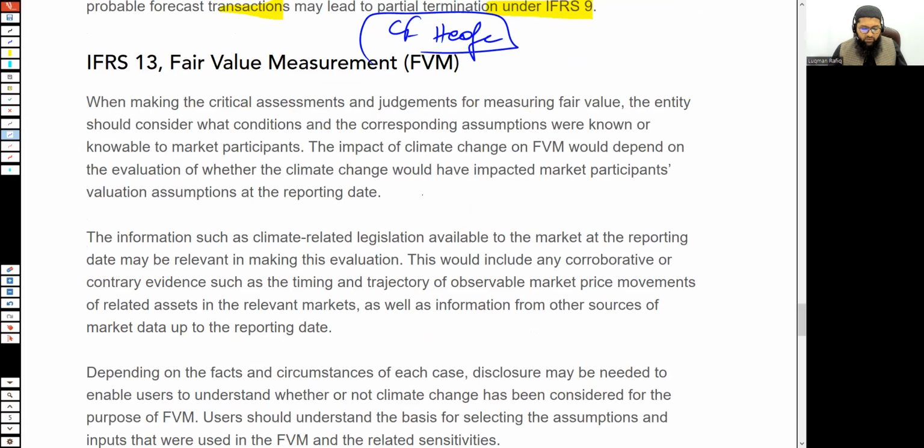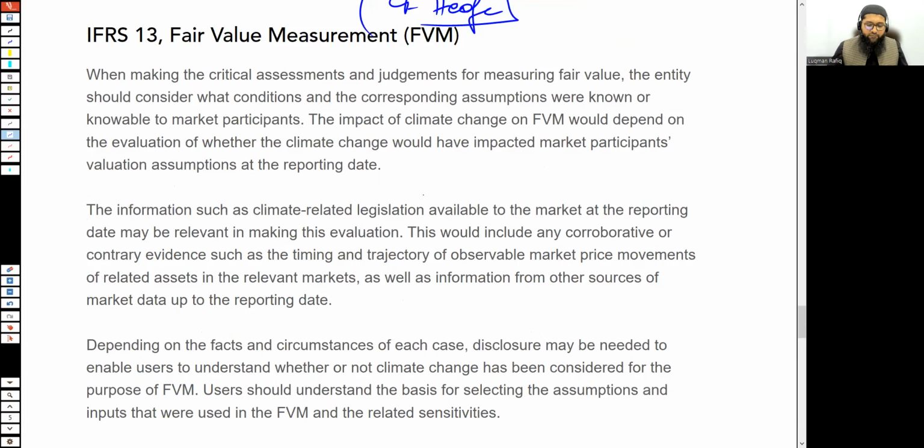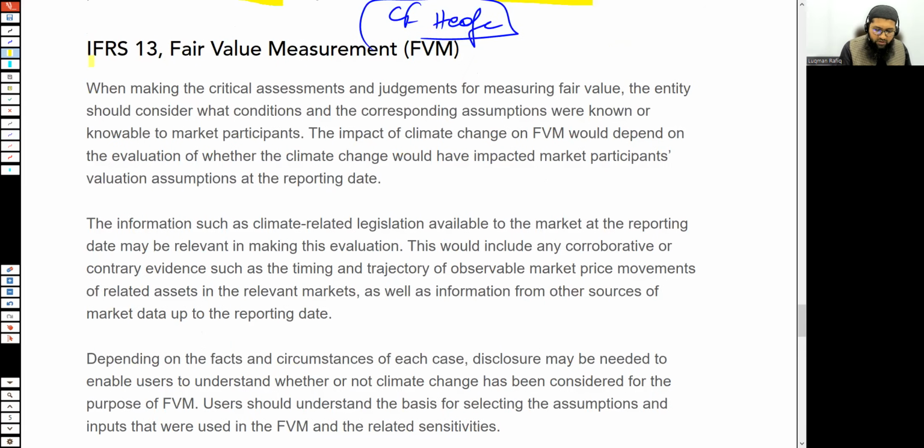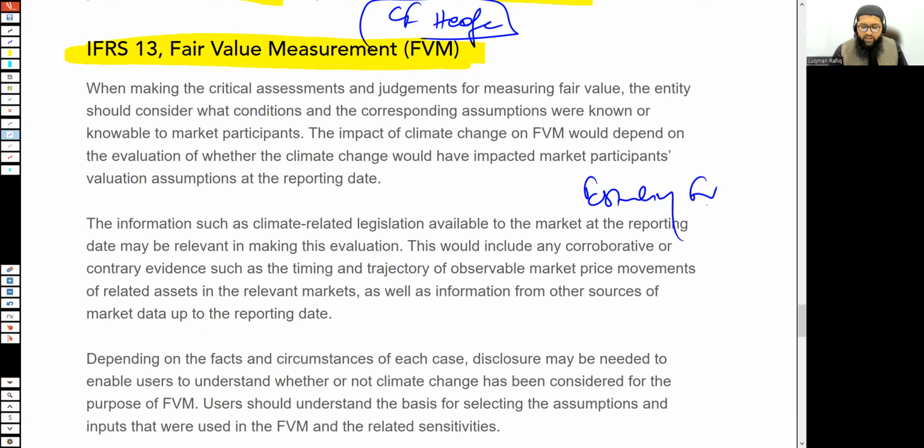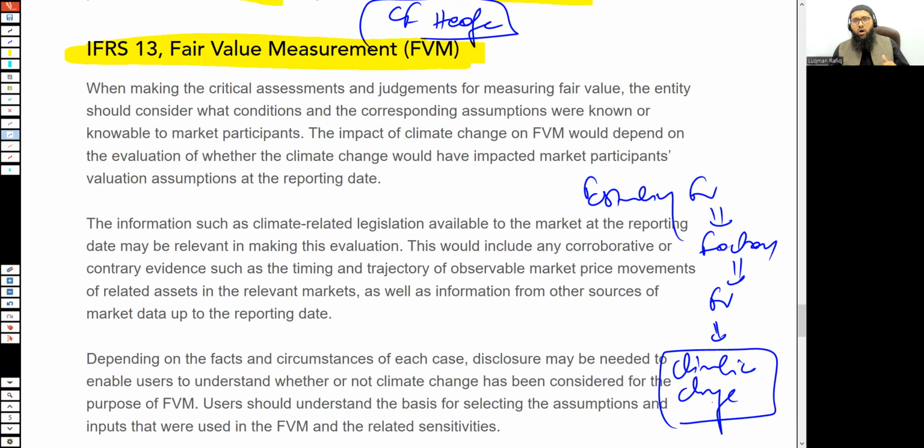Lastly, another thing which is discussed is the fair value measurement. When you are estimating the fair value, just realize that the factors which could have an impact on the fair value due to climatic change, due to climatic factors, could all ultimately have an impact on the fair value measurement.